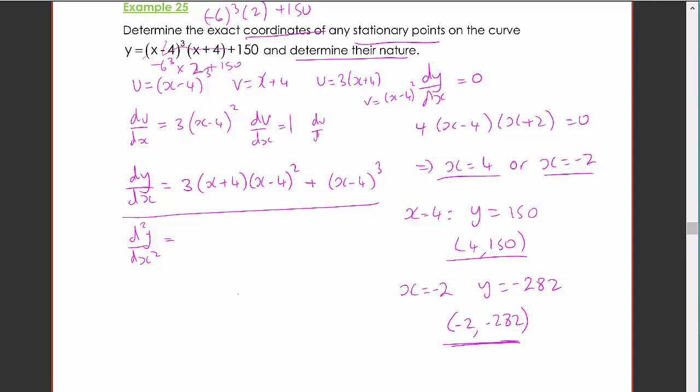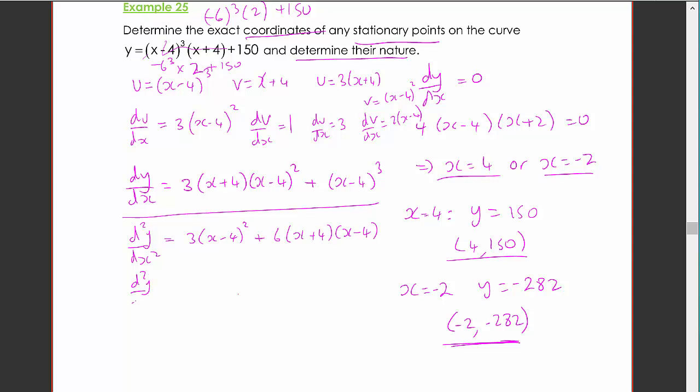So du dx is going to be 3, and dv dx is going to be twice (x take 4). So v du dx is 3(x minus 4) squared, and u dv dx is going to give me 6(x plus 4)(x minus 4).